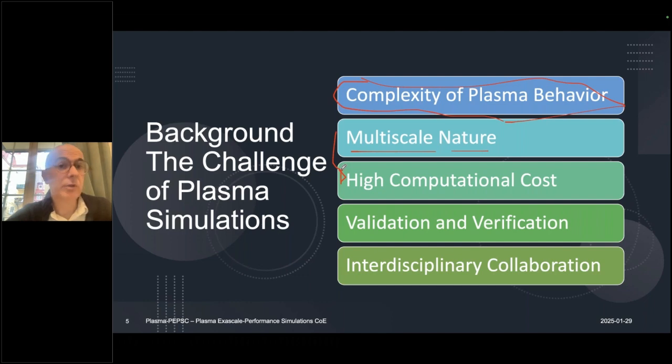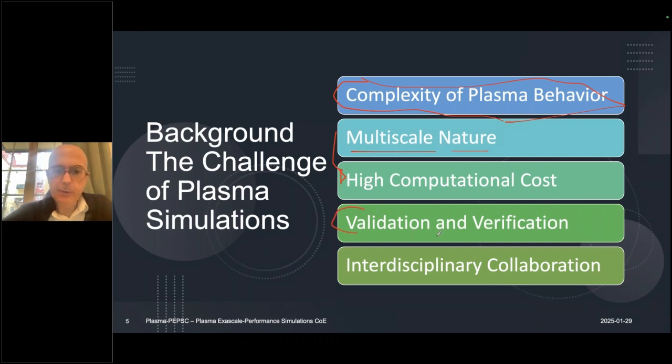Often we are talking about millions of computational particles that we need to follow through the global system. Together with that, we then need to solve the electromagnetic field, and this is also a major cost when it comes to the computational cost of a plasma simulation.